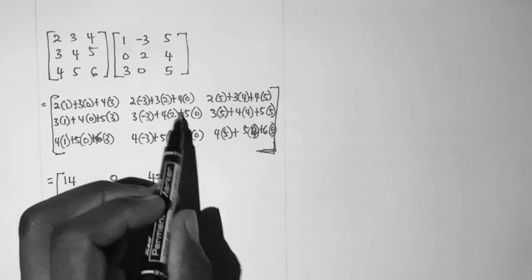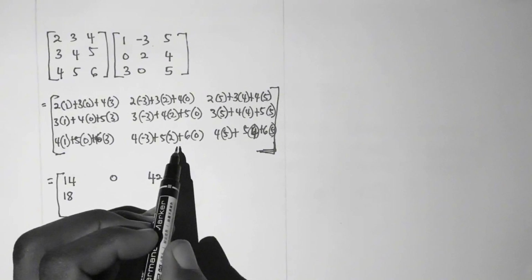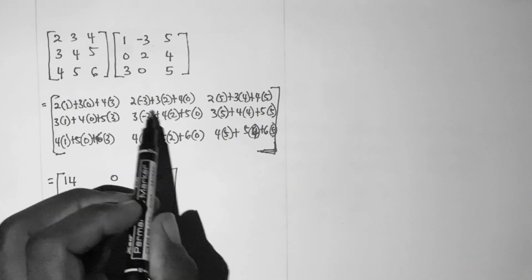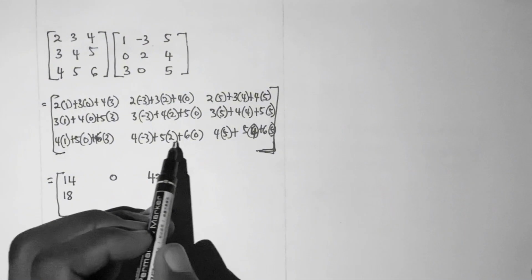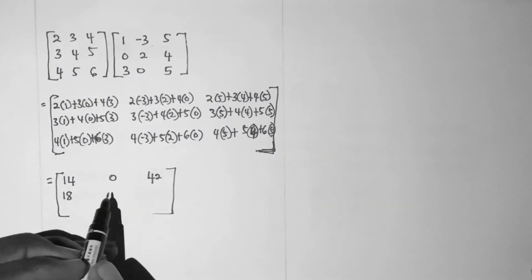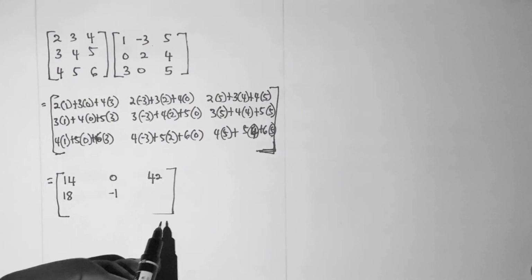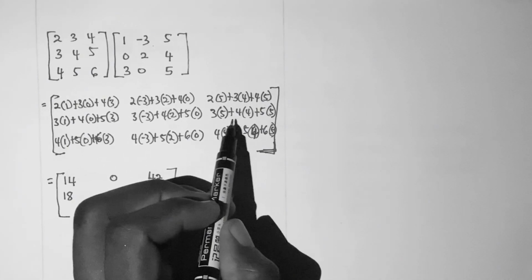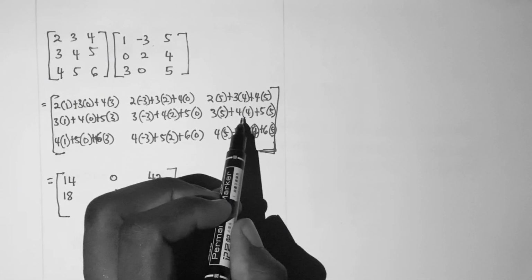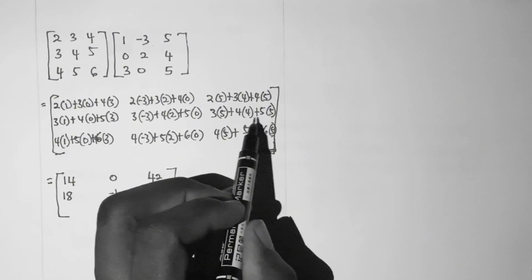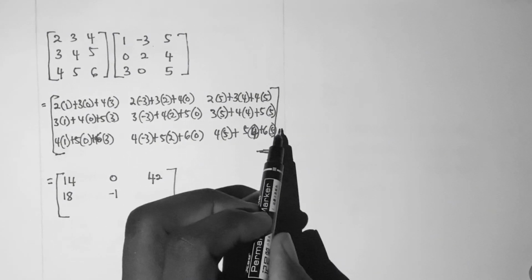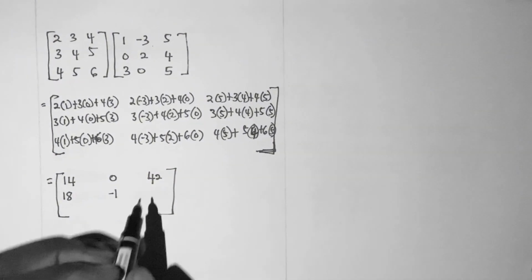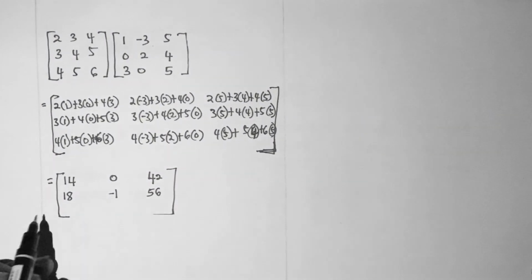Minus 9 plus 8 is minus 1. Plus 5 times 0 is still minus 1. So here's minus 1. And then here is 3 times 5 is 15. 15 plus 16, then plus 5 times 5 is 25. All of that will give us 56.